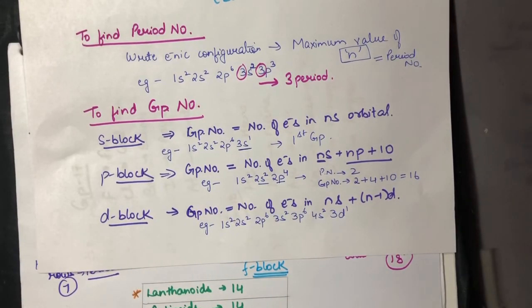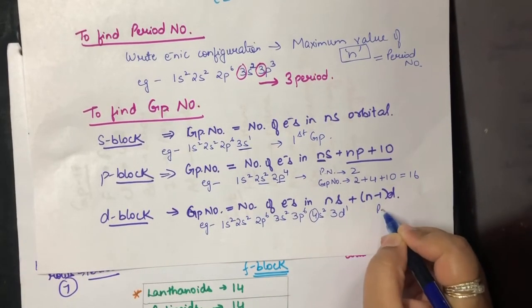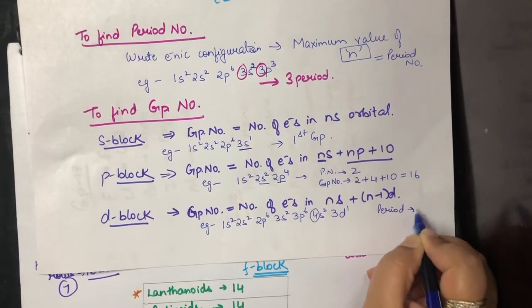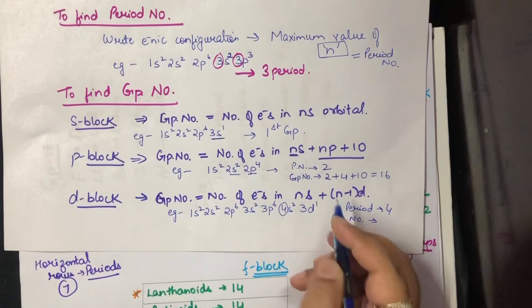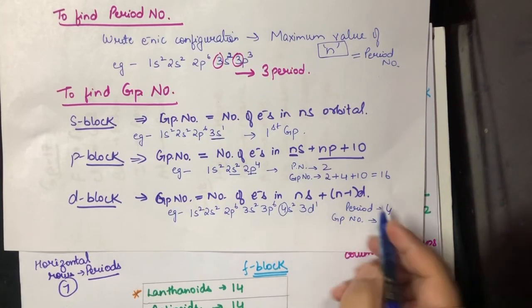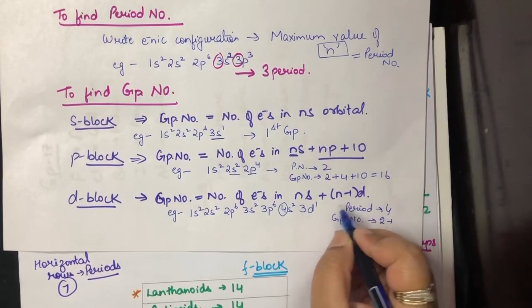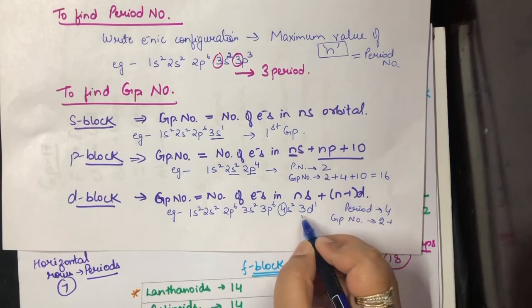What will be my period number here? The highest value of the principal quantum number that you see here is 4. So period is 4th. And what will be the group number? The group number is going to be the number of electrons in ns, that is 2, plus (n minus 1)d, this was 4, so n minus 1 is 3d.